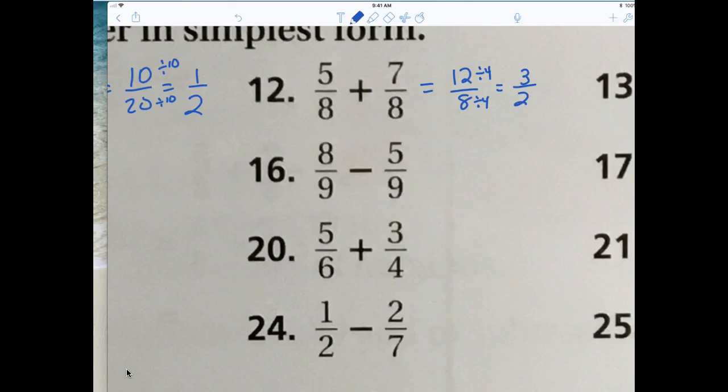Yes, 3 over 2. Now, again, 3 over 2. That's called an improper fraction. That's correct. So now you just say, how many times does 2 go into 3? With how many left over? 1 and 1/2.